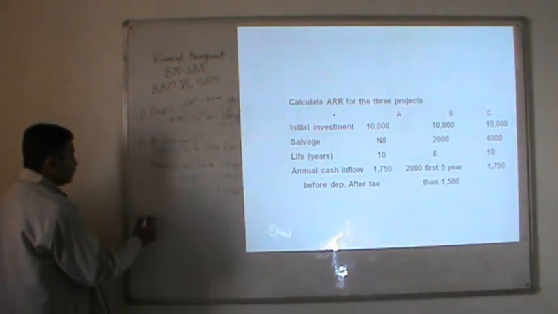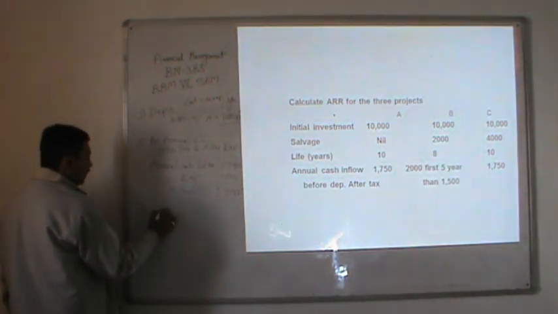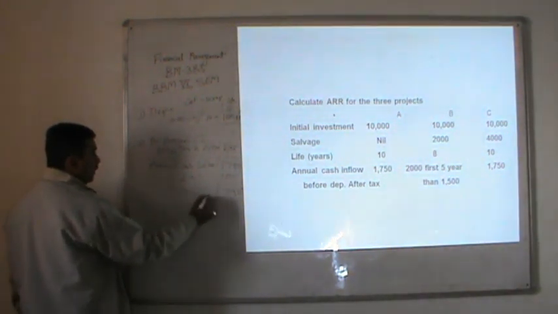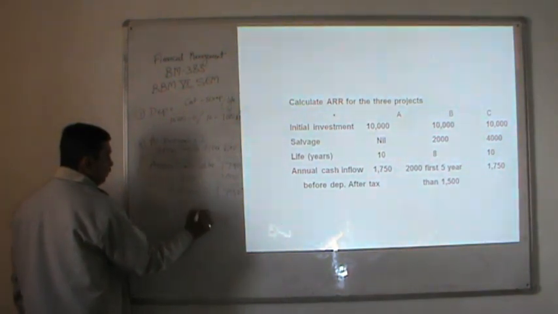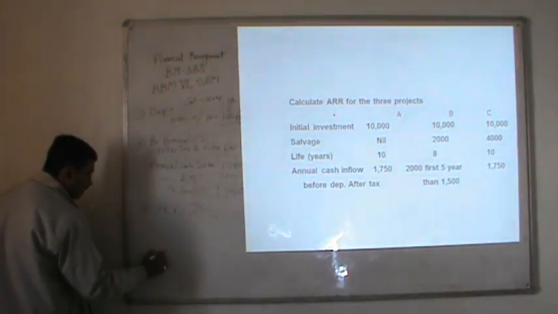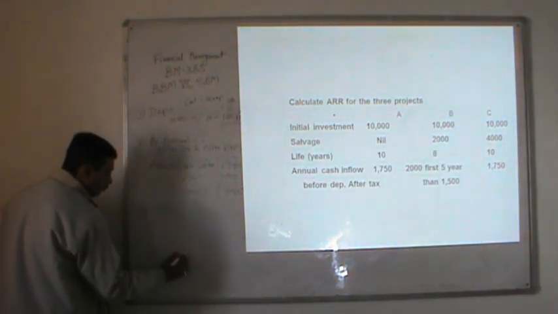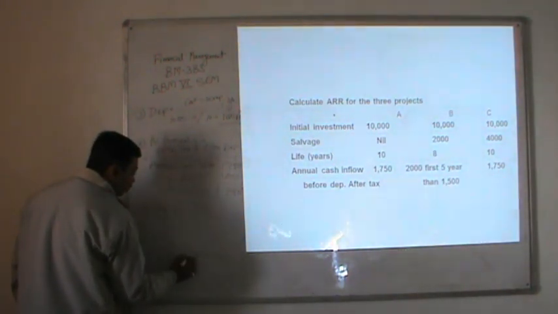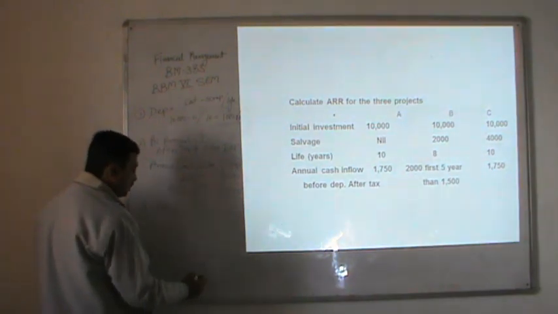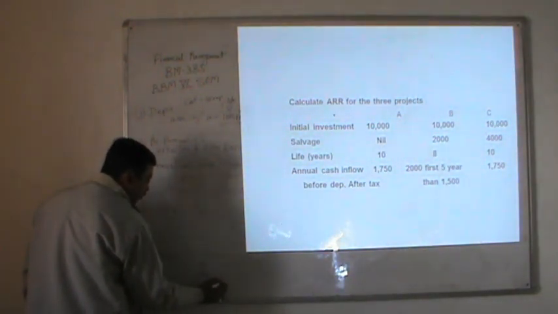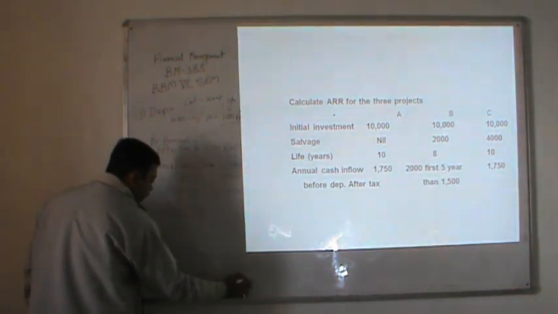Now thereafter we use the formula of ARR and calculate the answer. ARR is average annual cash inflow 750 upon average investment. Average investment is equal to cost plus scrap upon 2. So cost is 10,000, scrap is 0, upon 2 means 5,000.